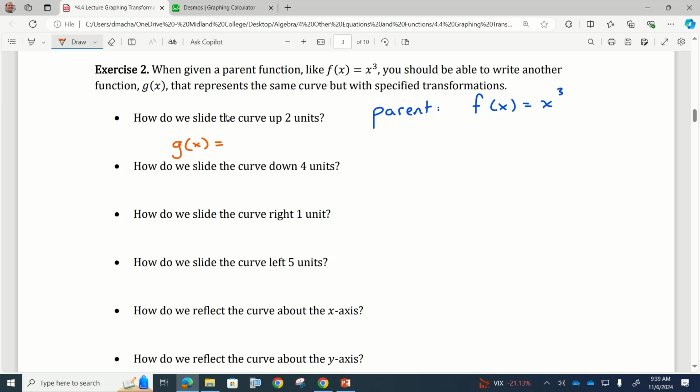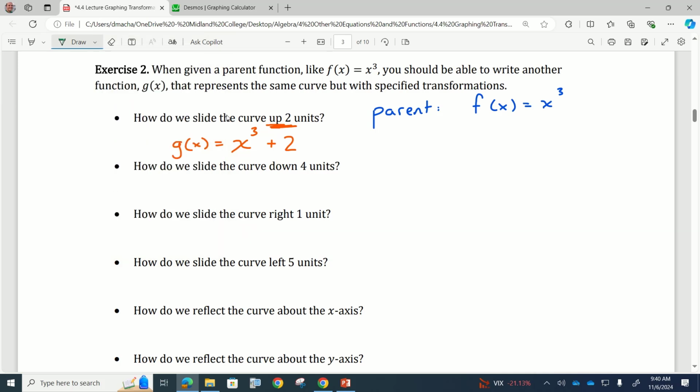Like, how would I take this x cubed function and slide it up by 2 units? I would write x cubed plus 2.